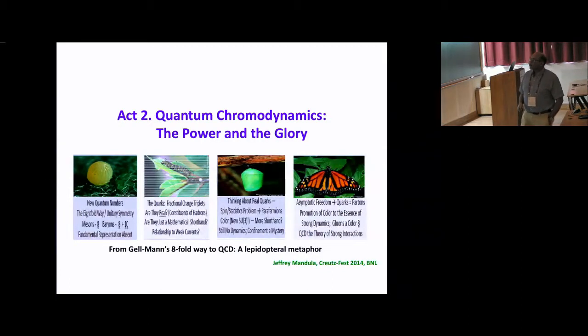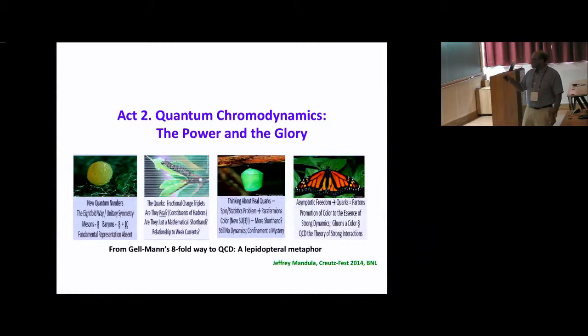People weren't really sure that they actually existed, whether they were real or not. And it took a long time, the discovery of color by Nambu, and really understanding the spin statistics associated with these new internal symmetries. It was like how an ugly pupa becomes a beautiful butterfly, going through this almost mysterious process, ultimately resulting in asymptotic freedom and so on.